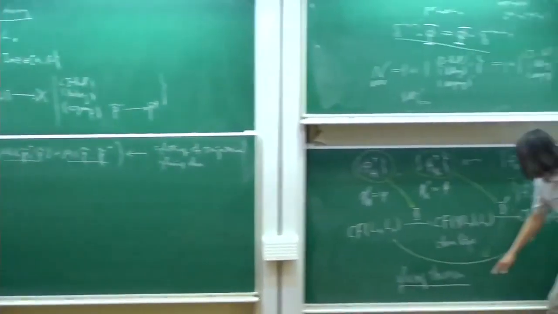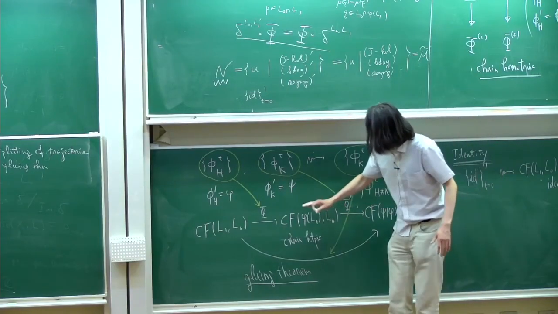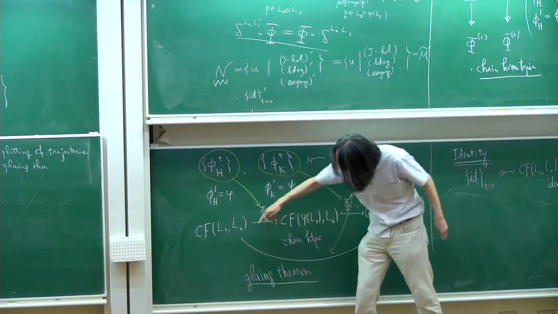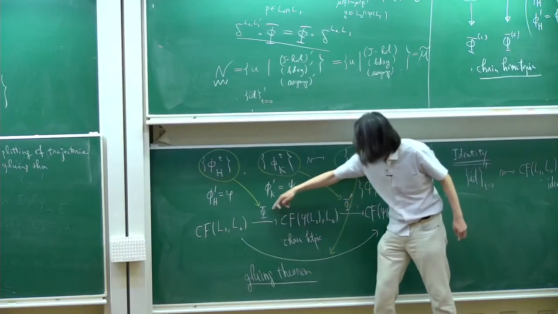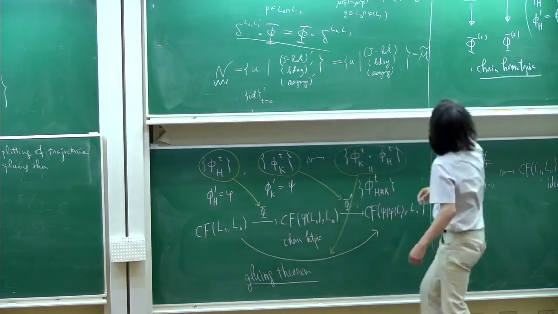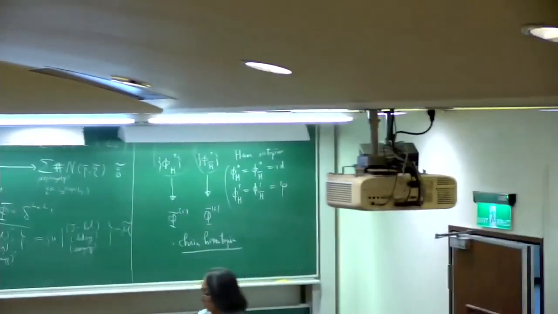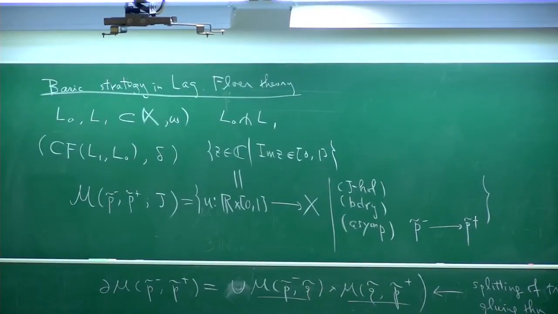And here we also do the same thing. So how they split, how they glue, and then from phi and phi prime, we can get some chain map from here to here, which corresponds to the composition of these two maps. That is actually coming from the gluing theorem. Once you have this, the story boils down to this, because I have a map from here to here, and here to here, so therefore it is just this. So, okay.